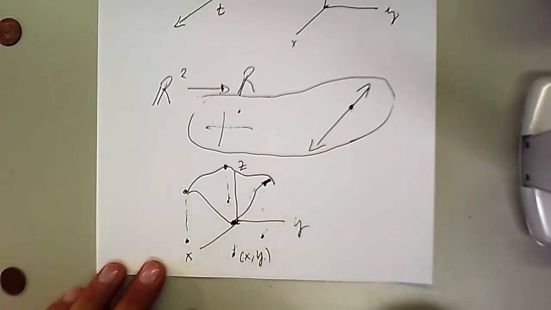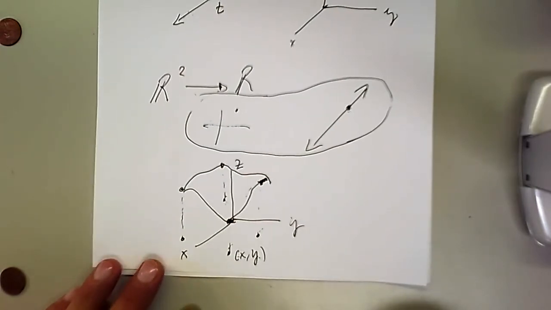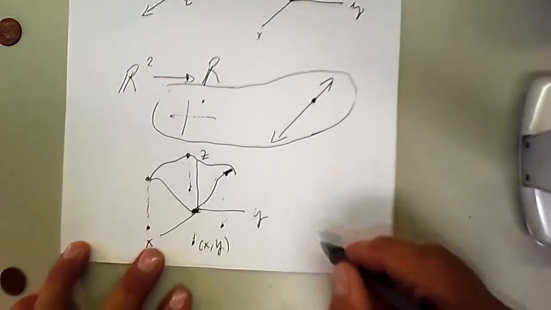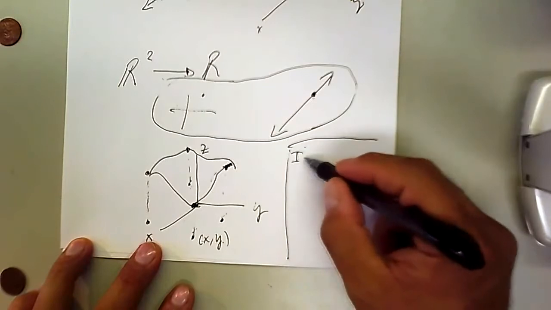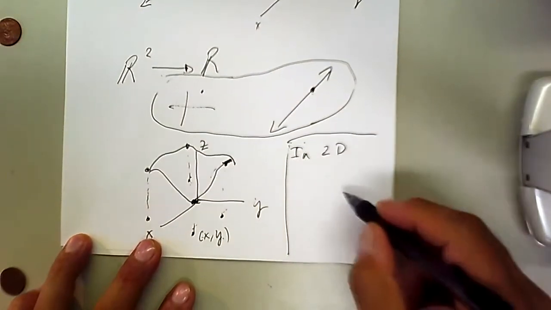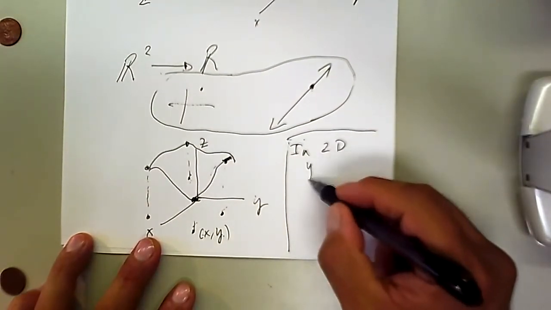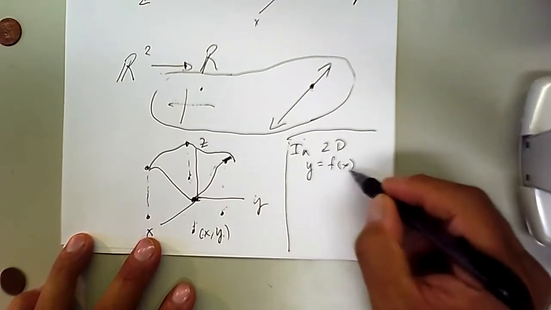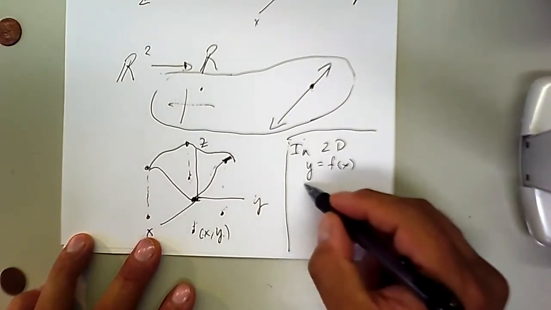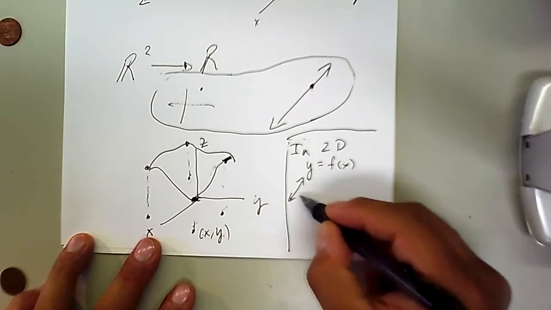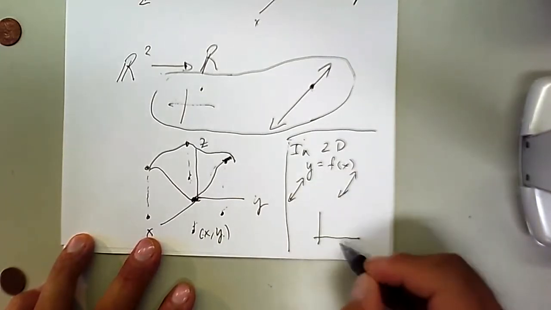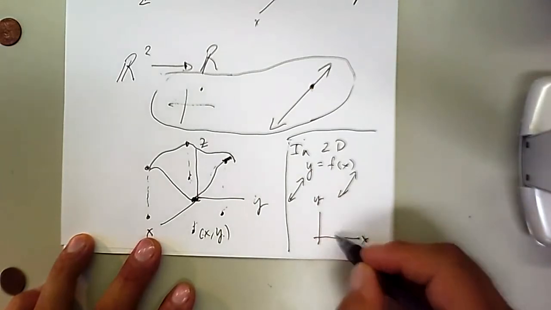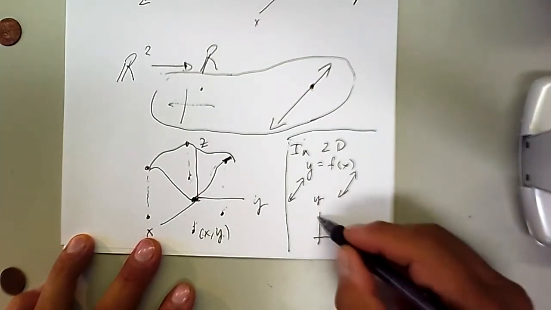A similar thing happens in 2 dimensions. I'm going to try to squeeze that in this page here in 2D, because I don't want to make too much of a big deal. If you have a function y equals f of x, technically speaking, you have a 1-dimensional input and a 1-dimensional output, but we consolidate into one picture where we have the inputs and the outputs.